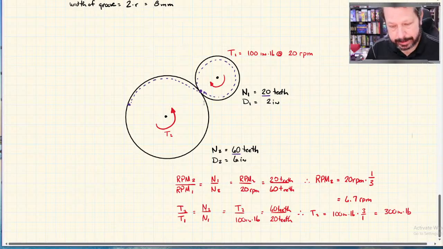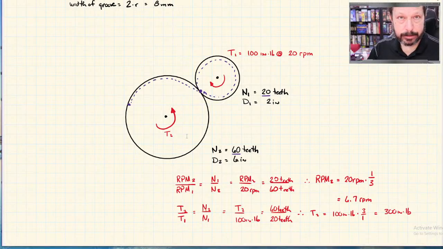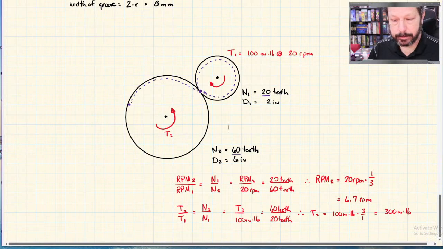But the general idea is that the small gear, usually a pinion, that's just a name for it, drives a larger gear, and it makes the larger gear turn slower but deliver more torque, and that ratio is your gear ratio, the number of teeth on the little to the number of teeth on the big. So that's the general idea.